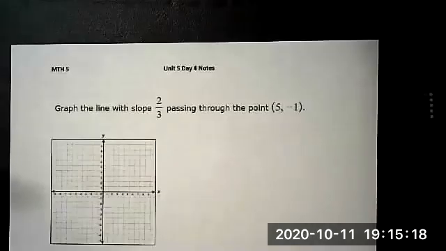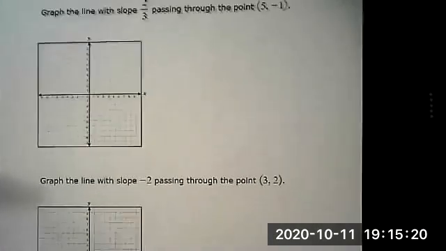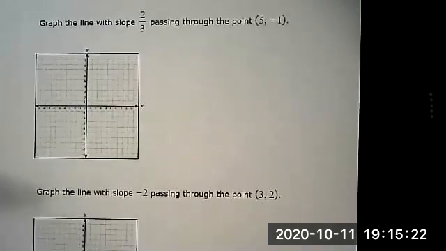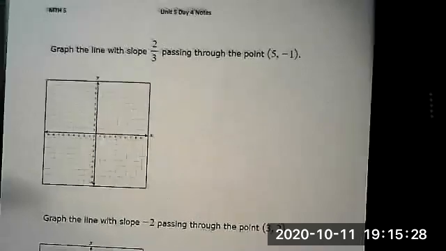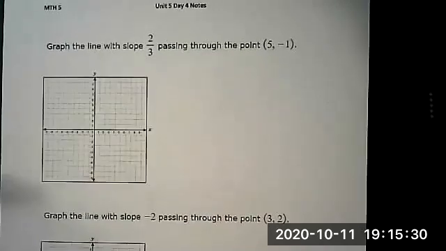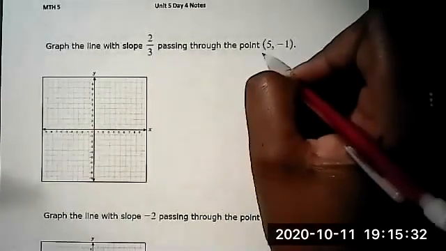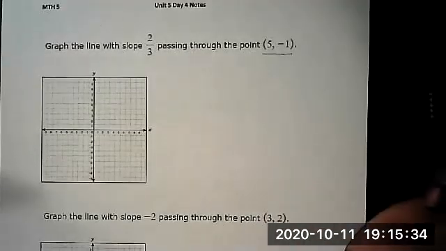Now, last page, they're asking you to graph the line with a slope passing through the point 5, -1. Okay, so with this particular one, they want you to first use this point. Instead of y-intercept, we have a point on the graph.